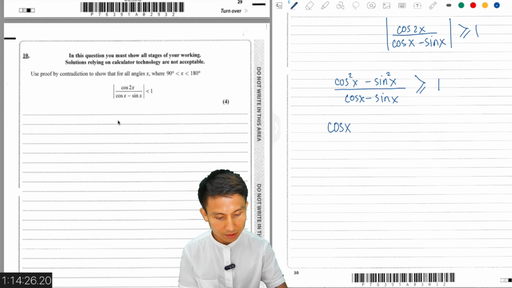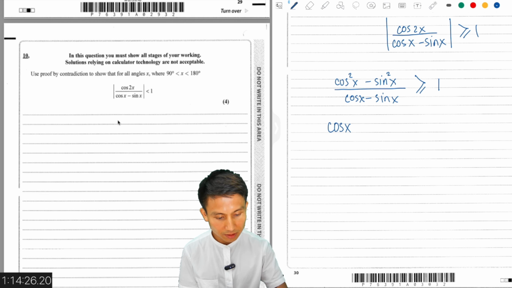Well, this is also in absolute, right? Cos x plus sin x divided by cos x minus sin x greater than or equal to 1. All right, let's see. So we want to contradict somehow that this doesn't work. I mean, look, we could cancel cos x minus sin x, right?